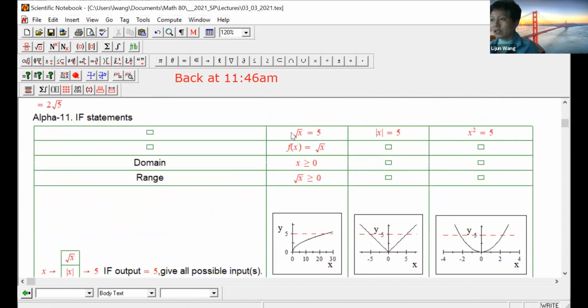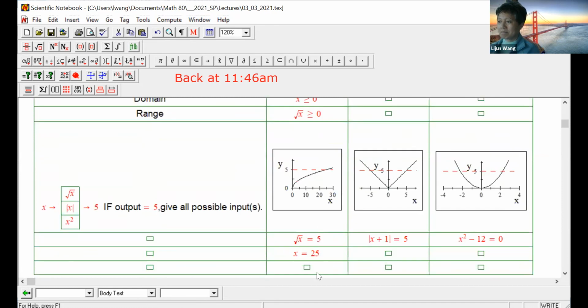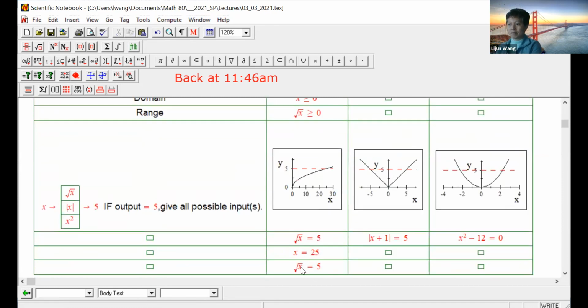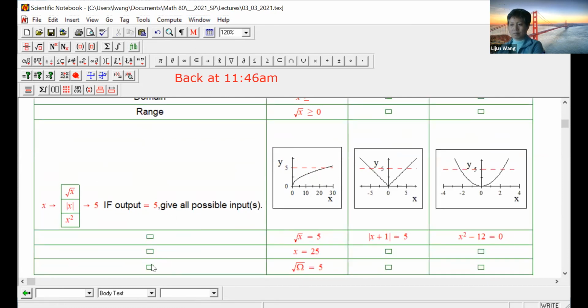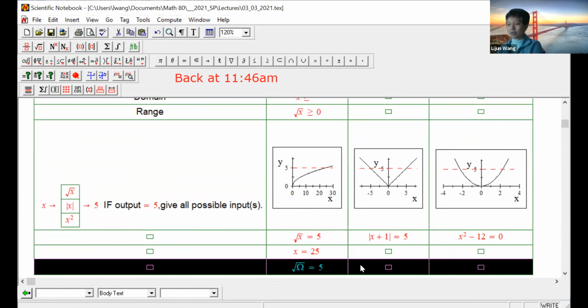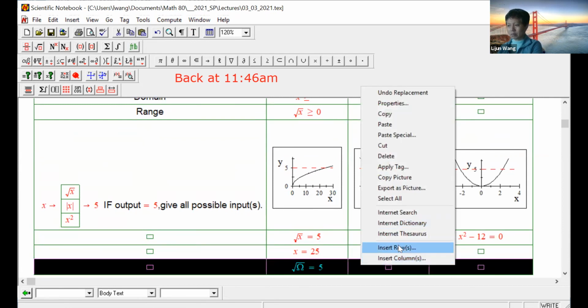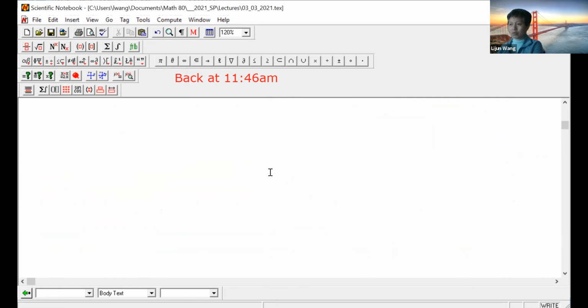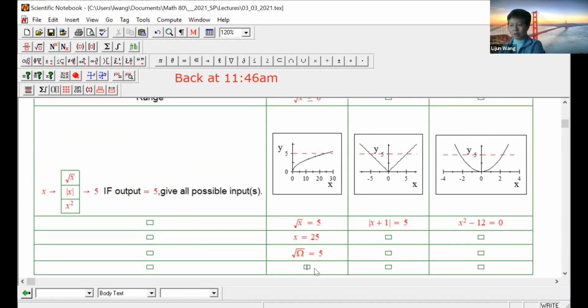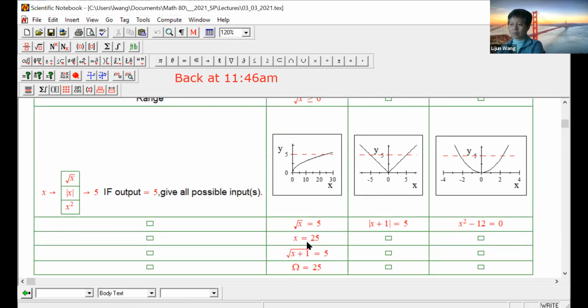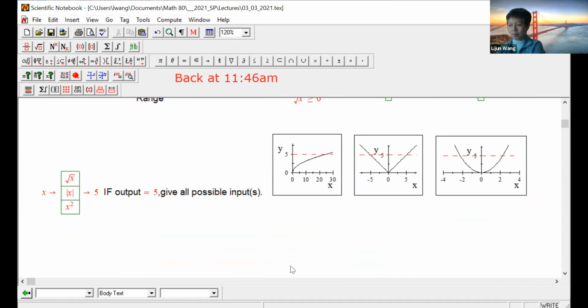Now we turn this into bologna. And what will be the answer to square root of bologna equals, if the output is 5? Well, the bologna will be 25, isn't it? Do you guys follow me? And what if that bologna is x plus 1? Then x plus 1 will be 25.